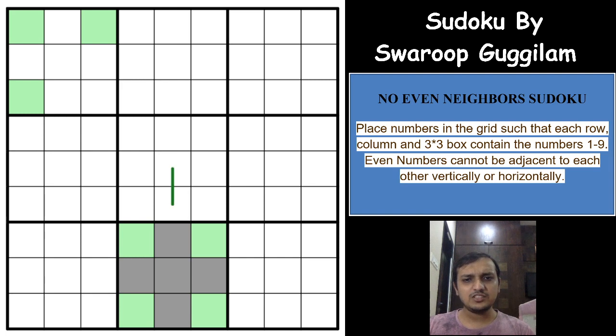You will have one even digit in these 2 cells, one even digit in these 2 cells, and the other even digit in these 2 cells, right? So you cannot place the 4th even digit, which means that you can never have this case in a No Even Neighbors Sudoku anywhere in these 8 boxes. So whenever you have 3 even digits here, you can directly mark the 4th even digit in the center, right?